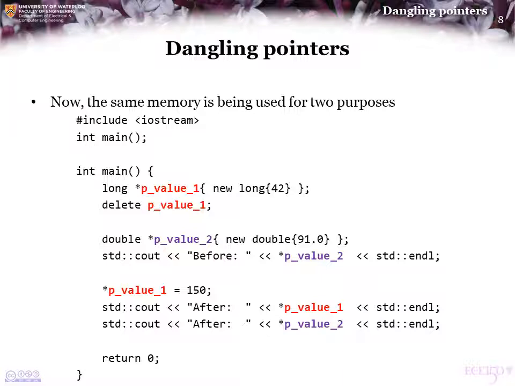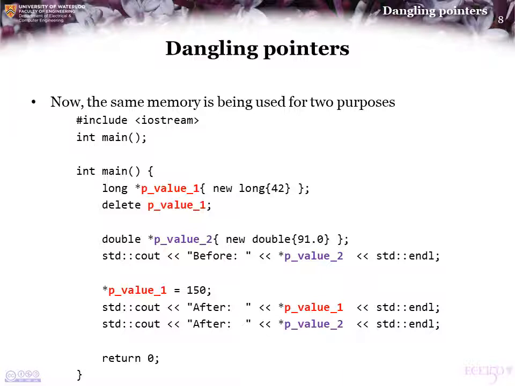Now, it happens that I got lucky and I was allocated the exact same memory. So I can now print out the value stored at p-value 2, and it is indeed, as we would expect, 91. However, notice that I did not set p-value 1 to null pointer. It still contains the same address that is now assigned to p-value 2.